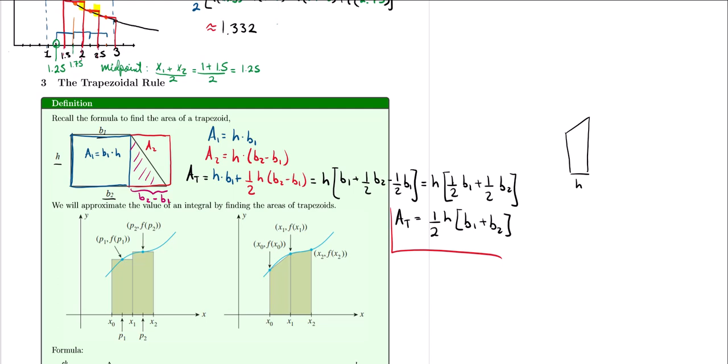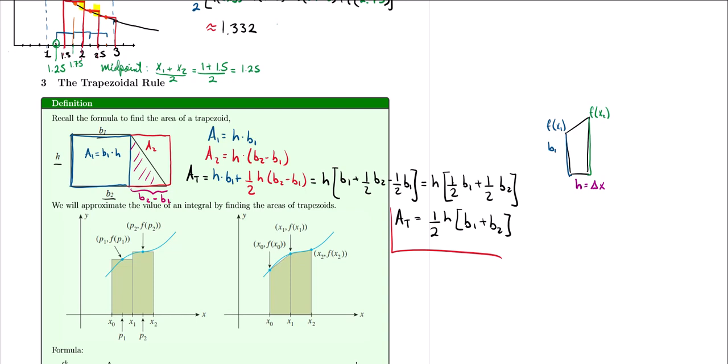And in order to get the b1s and the b2s, the b1 here is going to be the function value evaluated at our left endpoint of the subinterval, which I'll call f of x1 just for an example. And the b2 is going to be given by the height, but this time around it's going to be the height of the right endpoint of our subinterval, which I'll just call here x2. Okay, and the h in our typical example is going to be given by essentially the delta x.